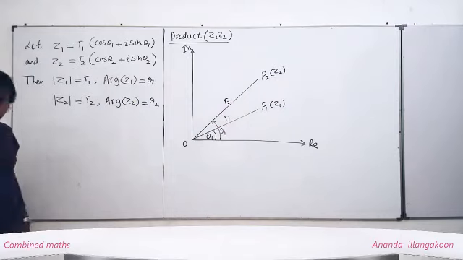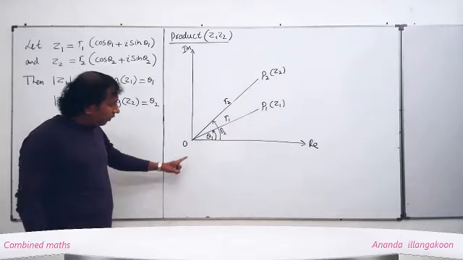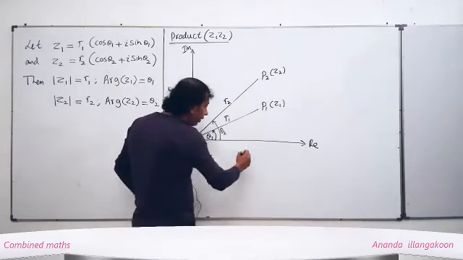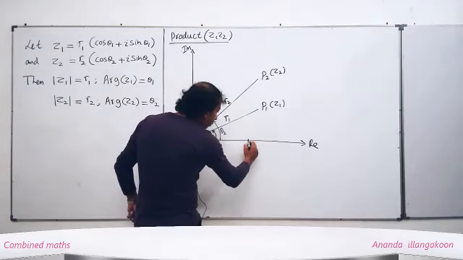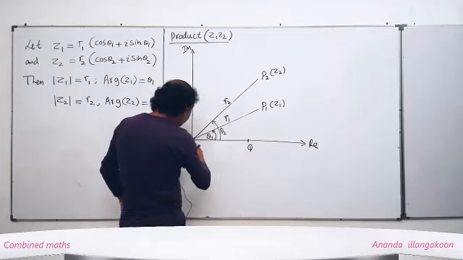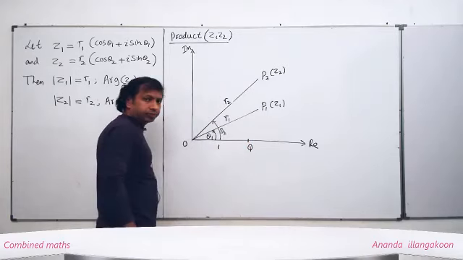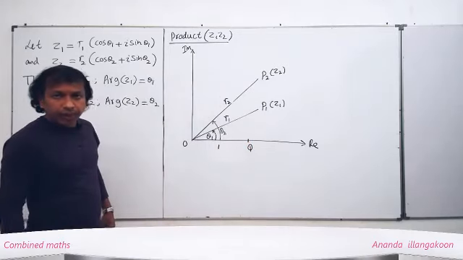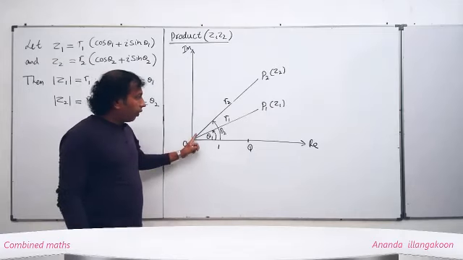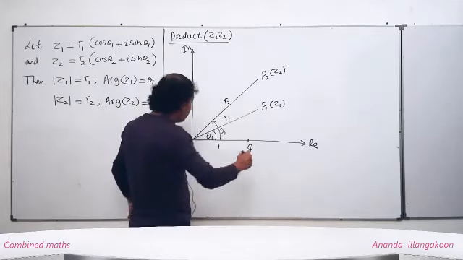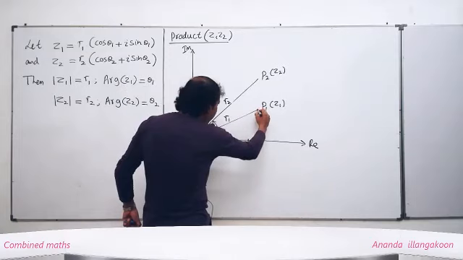Right. Now what we do is this. On the real axis, we select a point Q so that OQ length is 1 unit. And now I am going to construct this triangle OP1Q like this.